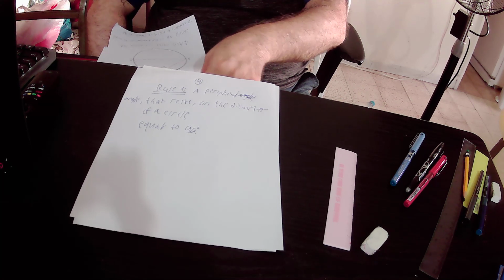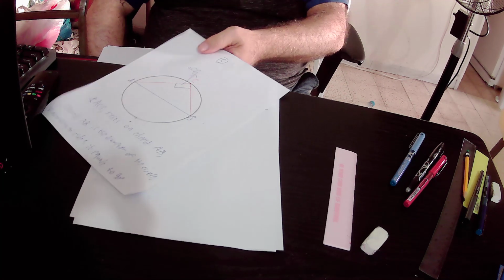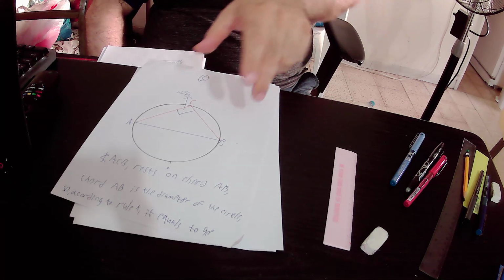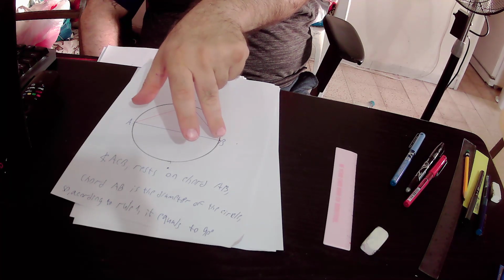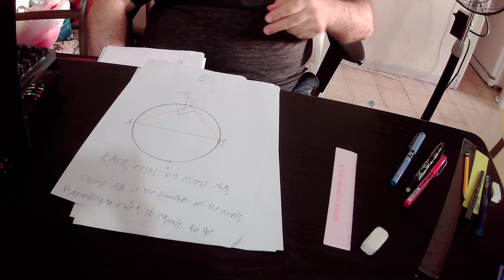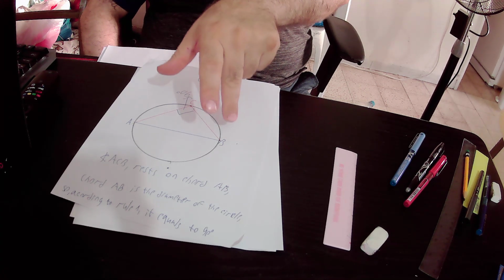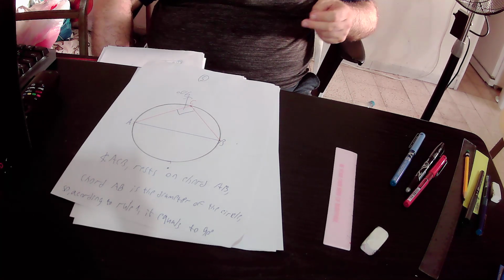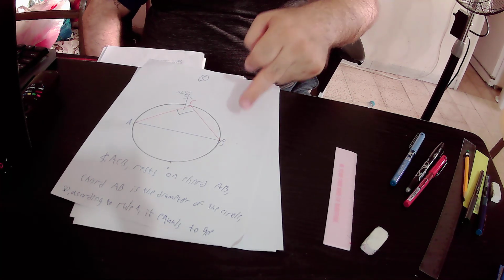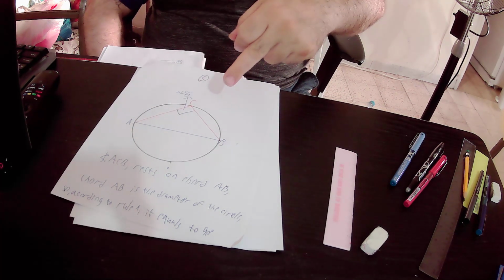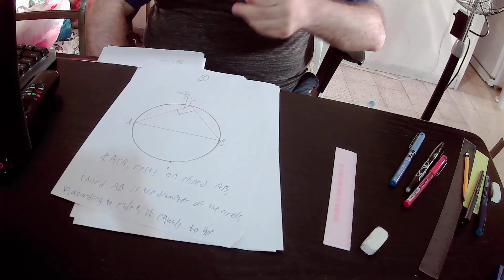So I gave you an example of a peripheral angle that rests on the diameter of a circle. Suppose that AB is the diameter of this circle, and peripheral angle BCA rests on chord AB that is the diameter of the circle. For that reason, peripheral angle BCA equals 90 degrees according to rule number 1.